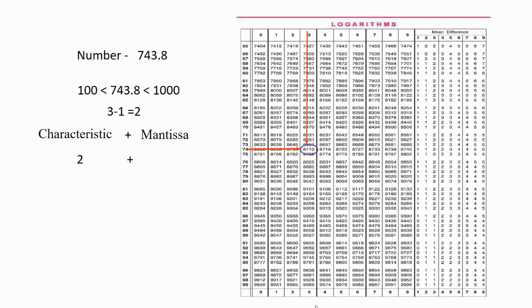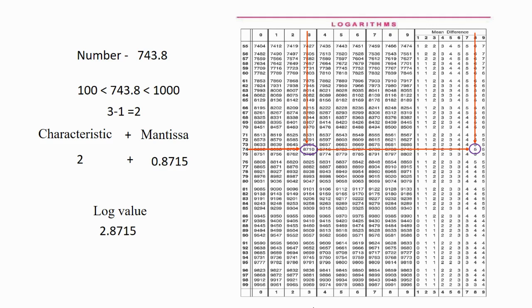And the very last value, 8, we have to observe under the mean difference column along the same row of 74. When we add these two values, we get 0.8715.